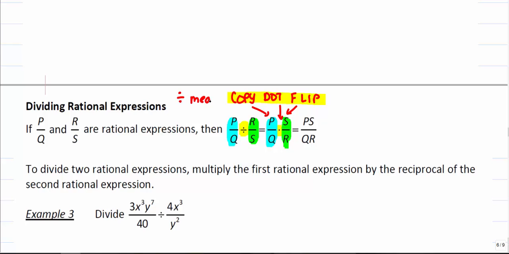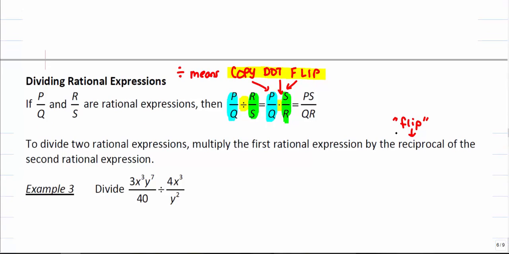So division means copy dot flip. Now, the fancy word for flip is reciprocal. So if you think about a reciprocal, the reciprocal of 2/3 is 3/2. The reciprocal of, we saw earlier, x plus x over 8 would be x plus 8 over x.